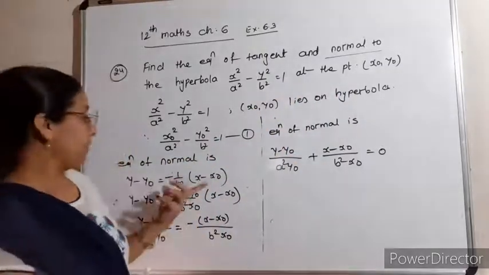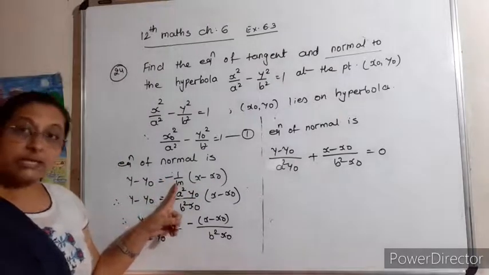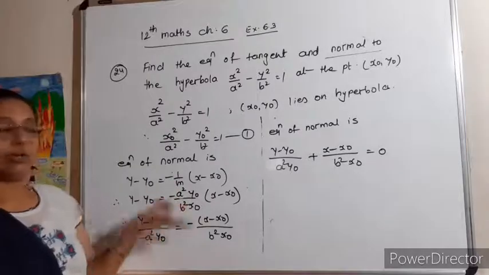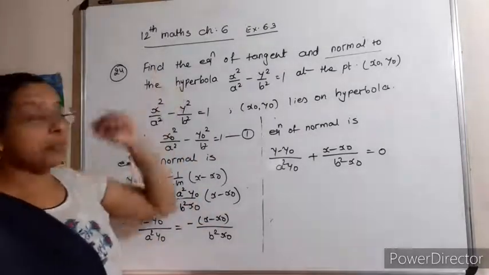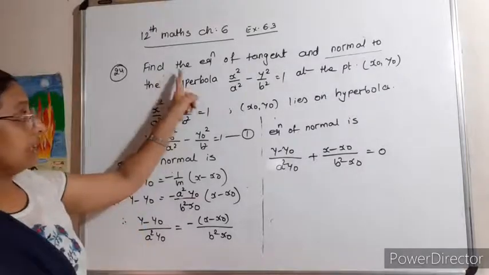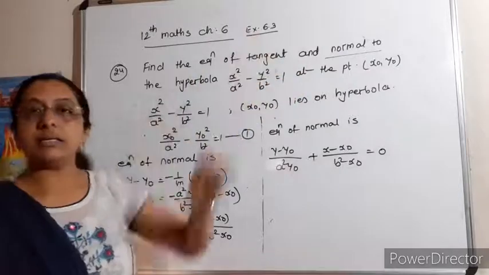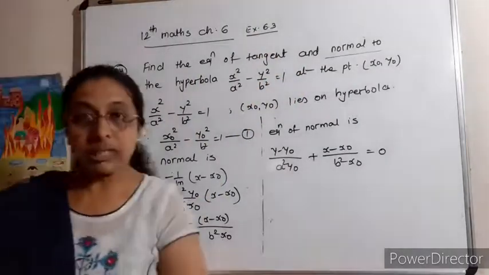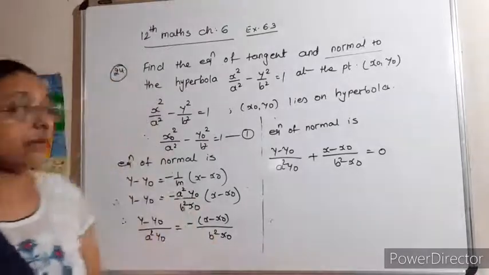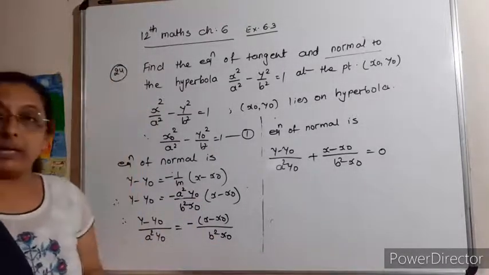In the same way, for the equation of normal, instead of m we write minus 1 upon m, then you will get the equation of normal. You simplify it. So, this is question number 24: equation of tangent and normal for the given hyperbola at this given point. Do it. Then we'll go ahead with the exercise, that is question number 25.